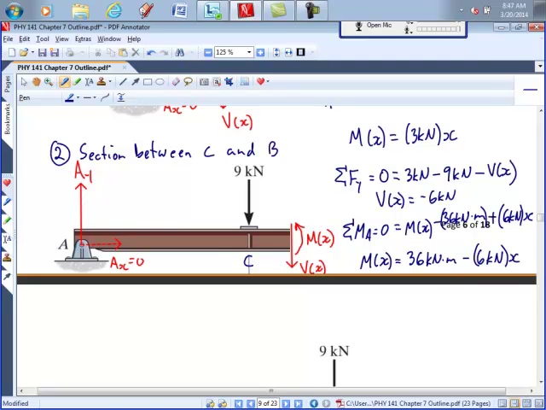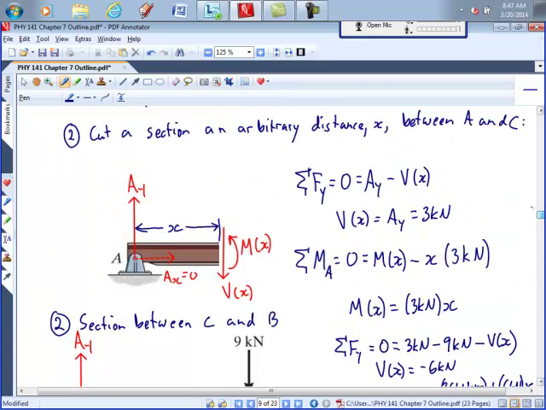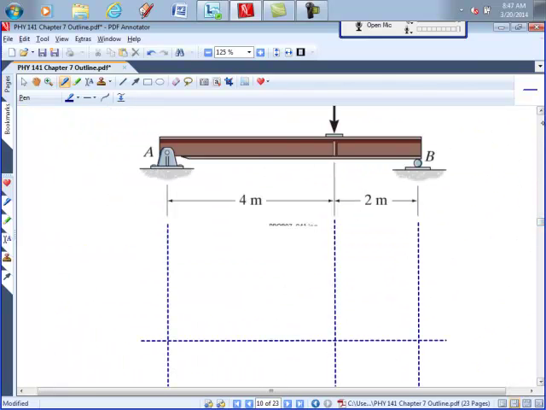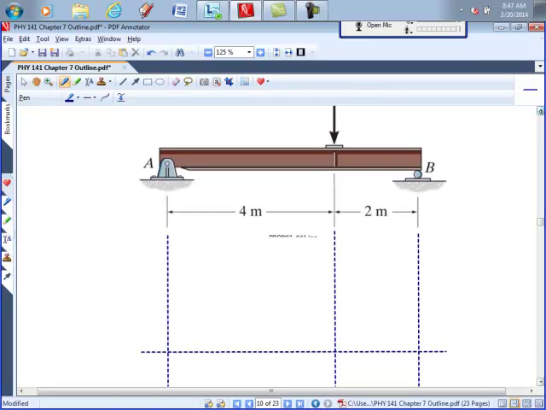Okay, so we're going to take those 4 functions, right, the 2 shear functions and the 2 moment functions, and we're going to draw them on graphs that are underneath the beam. So the first one's going to be our shear diagram. So we're going to draw the shear diagram in blue. So between A and C, what does the shear diagram look like?